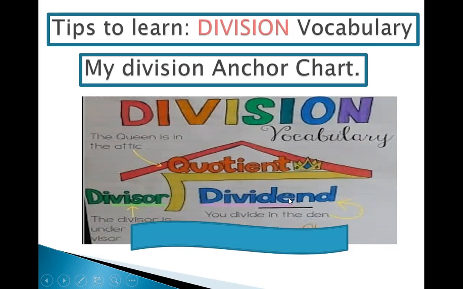The number which we divide is called the dividend. The number by which we divide is called the divisor. The result obtained is called the quotient, and if any number is left over, it is called the remainder.